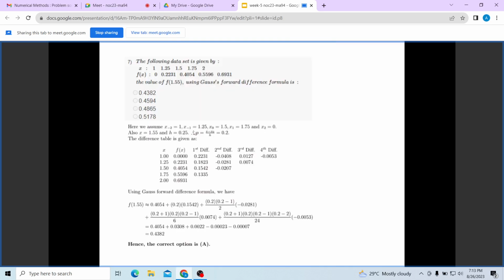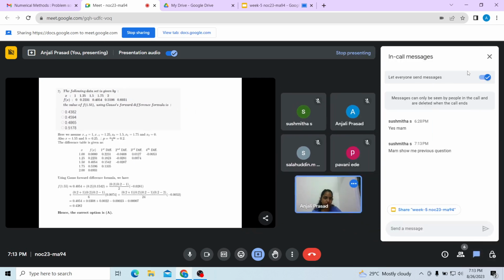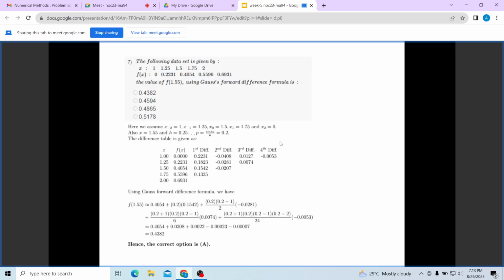Now write 1 in between these terms. So using the Lozenge diagram, you can simply remember the Gauss forward difference formula.